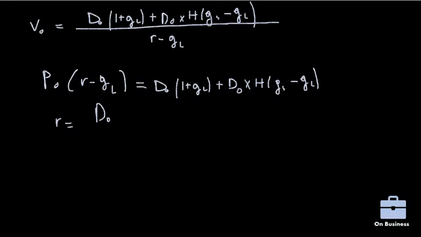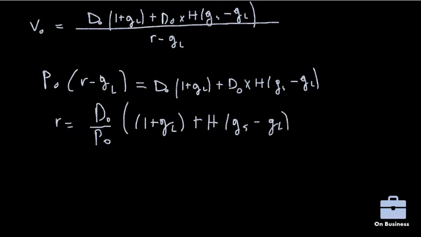So I factor the D0 here, and therefore I'll have D0 over P0 multiplied by 1 plus GL plus H into GS minus GL, and here it was R minus G, so the G has to be added at the end of this term here, GL.